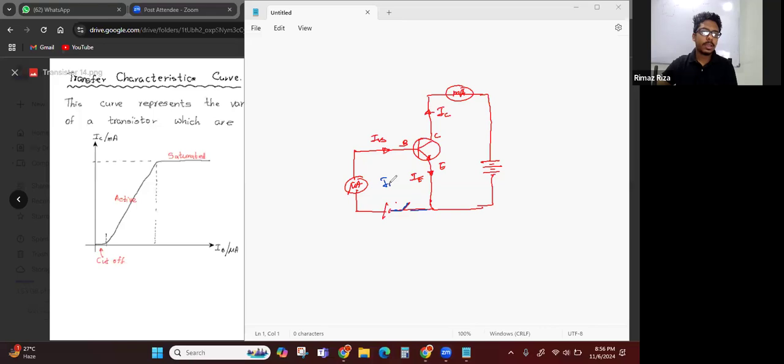This we call the input circuit, and this is the output circuit. Here IB is considered as the input current, and IC is considered as the output current.